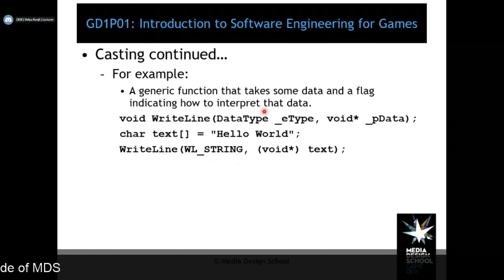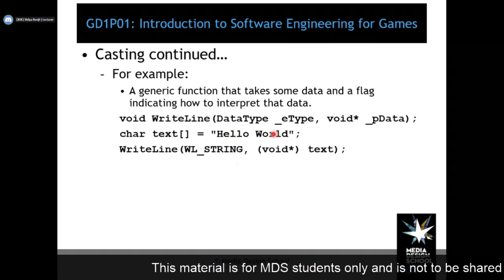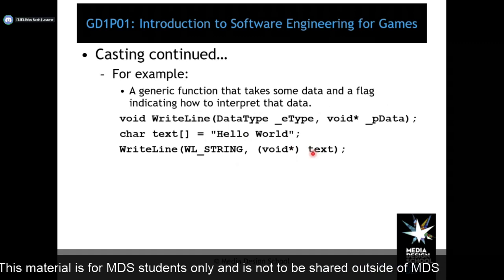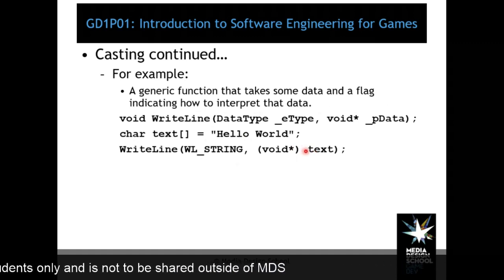So the first argument clearly specifies the type of the data, and the second argument is the address of the data that I want to pass. All right. As you can see, I've not used an ampersand over here to indicate that I'm sending the address of text. Why?